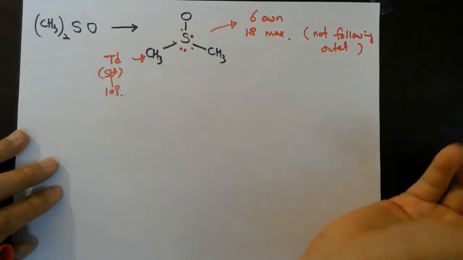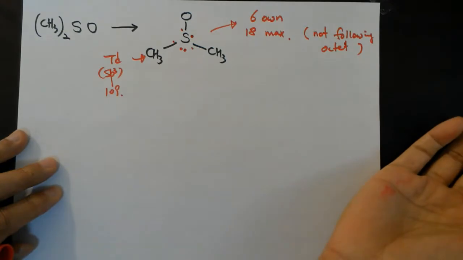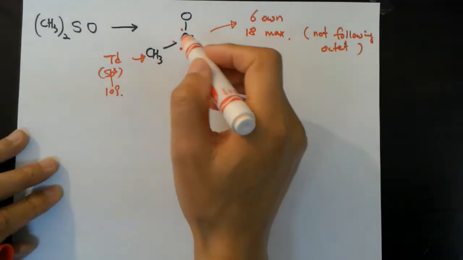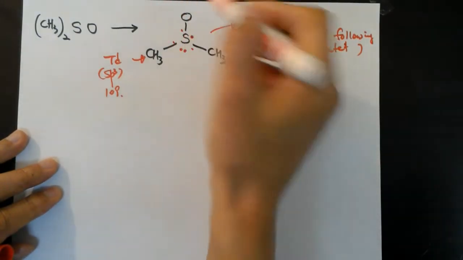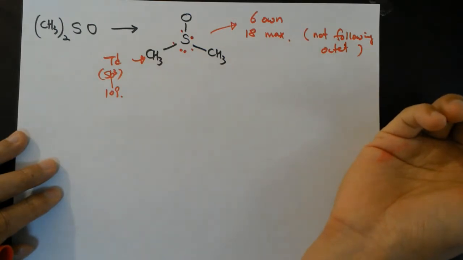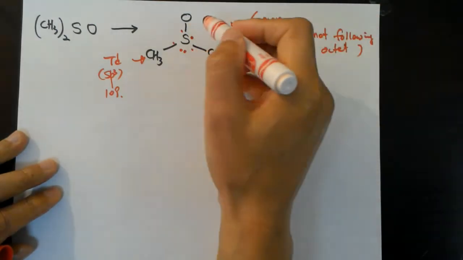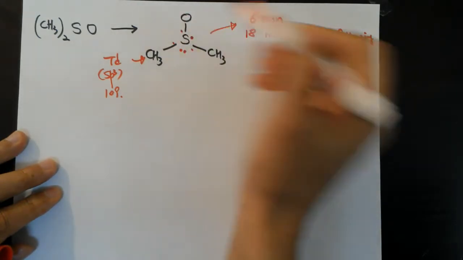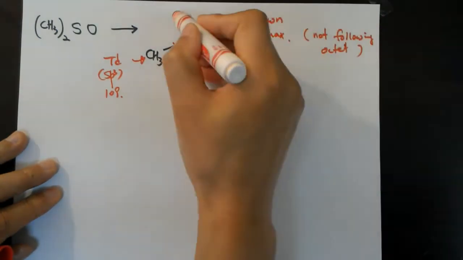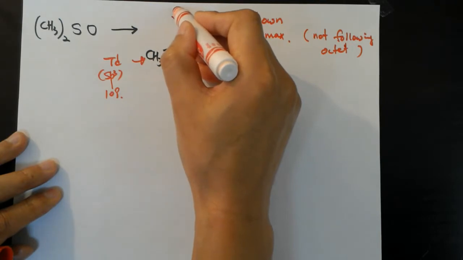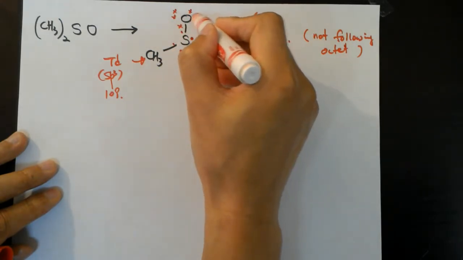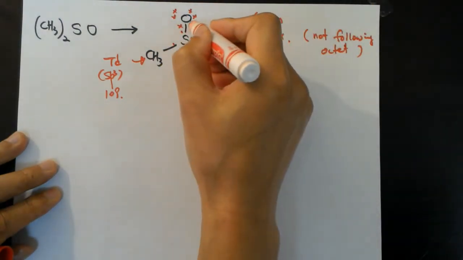So that's a 6. And sulfur is neutral as it is now. And oxygen also, to be neutral, should have 6 electrons, and there is 1, 2, 3, 4, 5. Then there is one more.